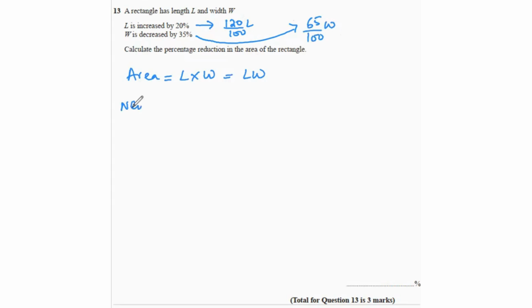So the new area is going to be 1.2 L times 0.65 W. So 1.2 times 0.65, that's 0.78 LW.